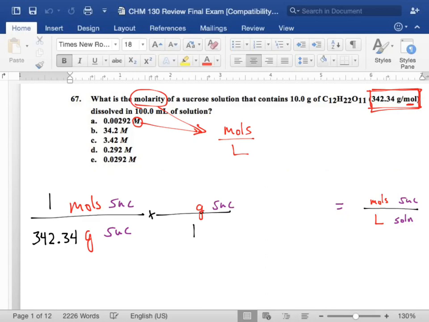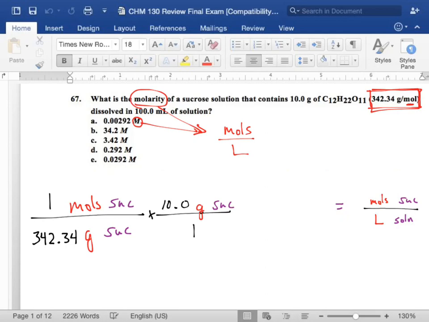Am I given just the grams of sucrose? Yes. I'm given 10.0 grams of sucrose. Does that match with my choice to put a 1 in the denominator? Yes. Conveniently, that worked out perfectly, because I'm given exactly 10.0 grams of sucrose with nothing in the denominator.